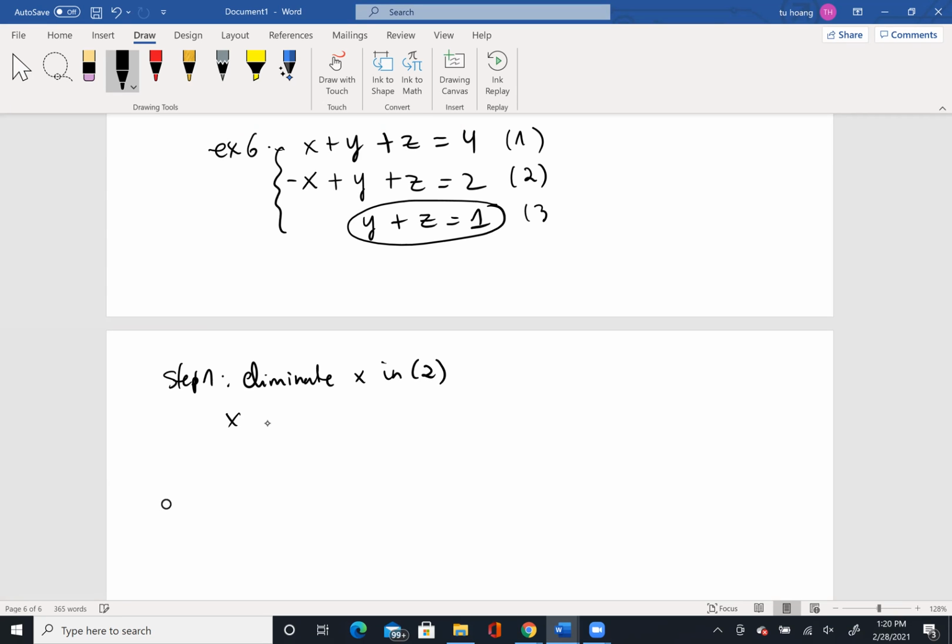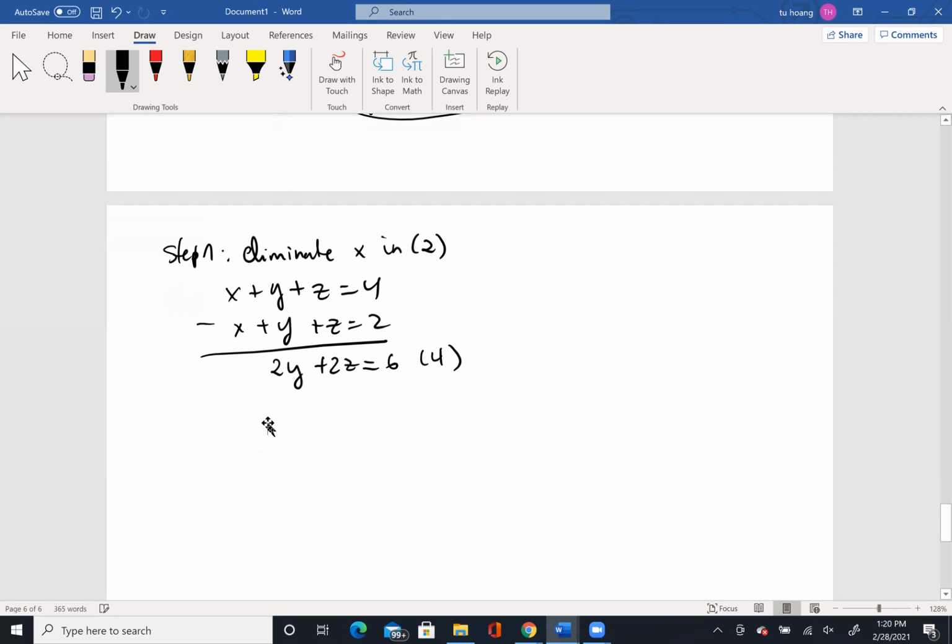So you have x plus y plus z equal to 4, and the second one is negative x plus y plus z equal to 2. You're adding them, you're going to get 2y plus 2z equal to 6. Okay. So this is equation number 4.